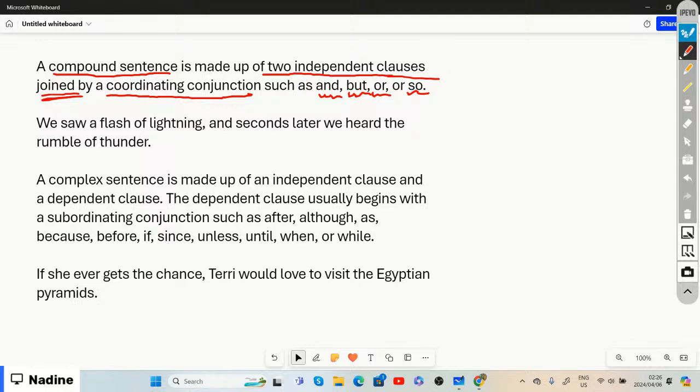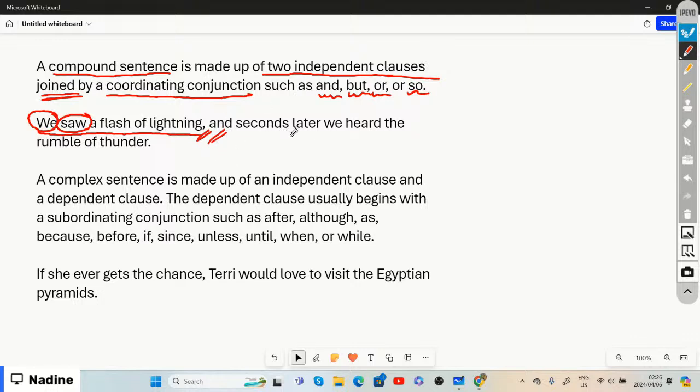For example, we saw a flash of lightning. That is one independent clause because we is our subject, and saw a flash of lightning is our predicate, right? And then it is joined by a comma as well as a coordinating conjunction, right?